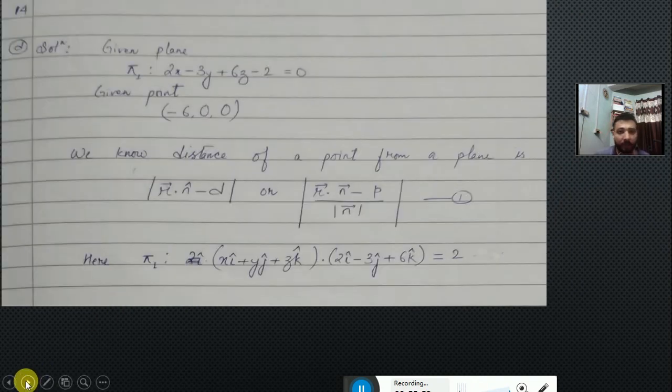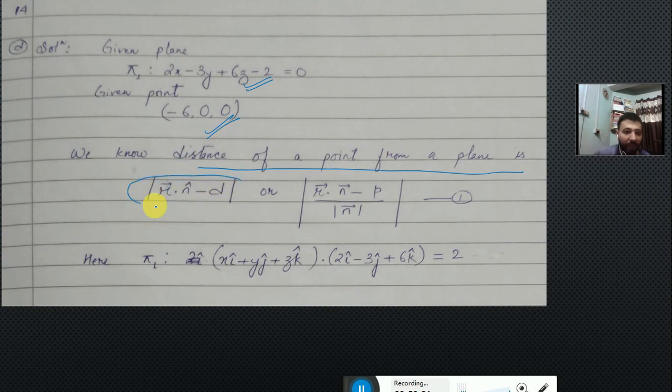Now the last question. Okay, the last question is also important. In the following cases, find the distance of each of the given points from the corresponding given plane. Okay, so this is the distance of a point from a plane. This is our given plane, this is our given point. We already know how we write the distance of a point from a plane.